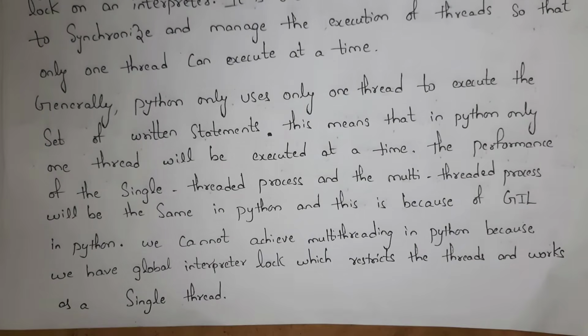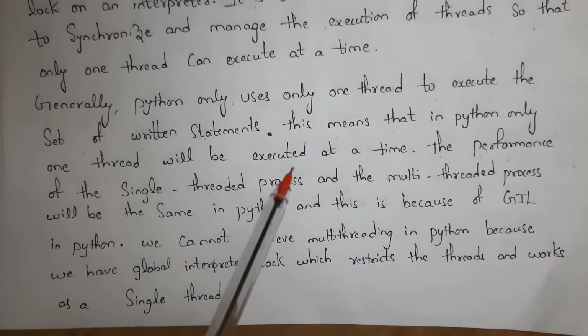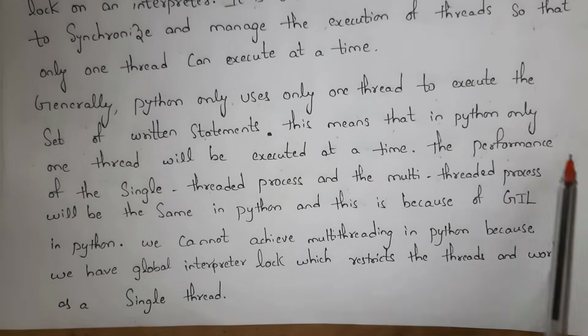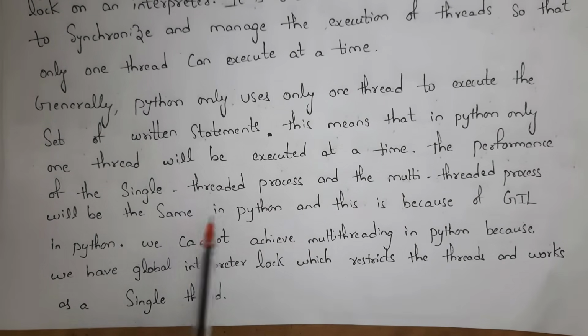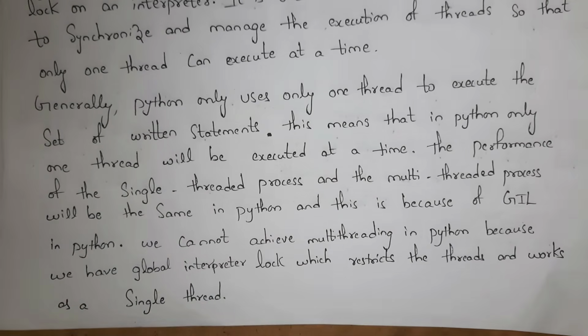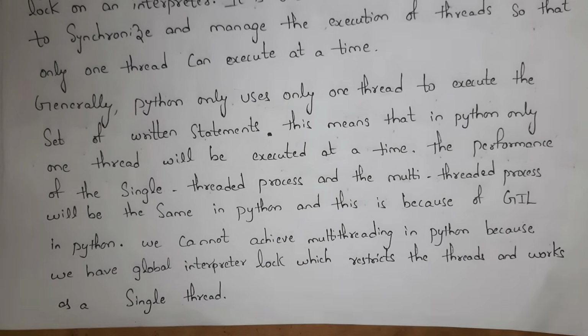Generally, Python uses only one thread to execute a set of statements. This means that in Python only one thread will be executed at a time. The performance of a single-threaded process and a multi-threaded process will be the same in Python. Though you use only a single thread or multiple threads, Python will execute only one thread at a time.